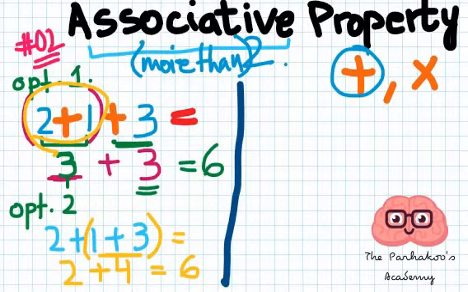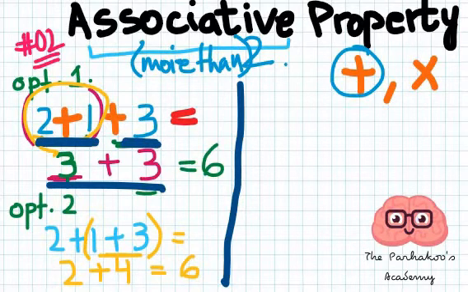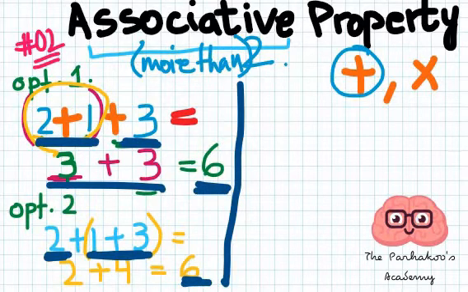Now you can see whether we add this way by grouping these two first and then adding into the third one, or by grouping these two and then adding into the third one, that means the way we group here does not matter, right? It always produces the same result.